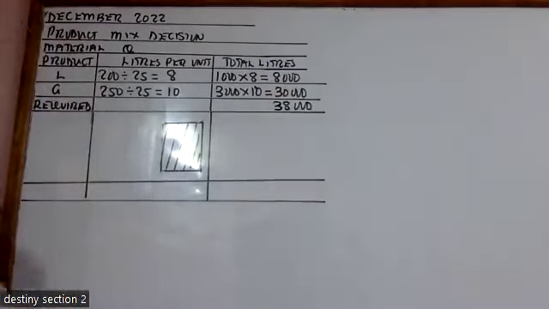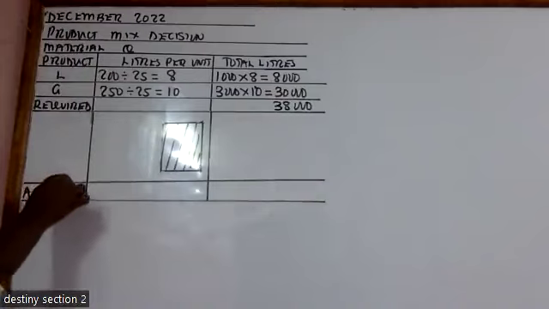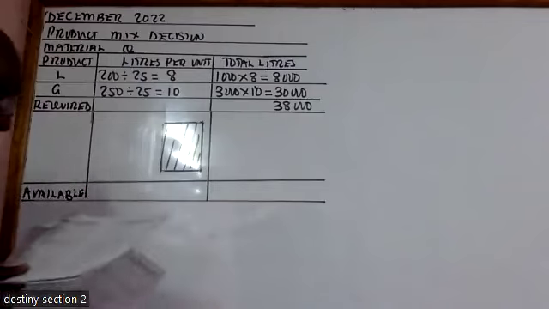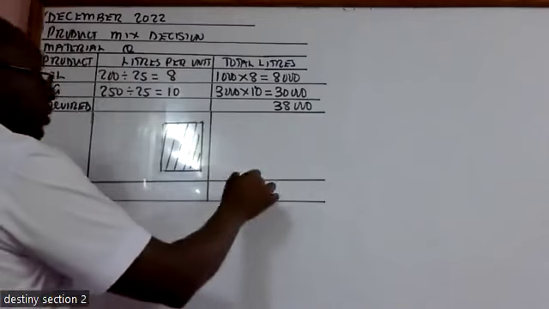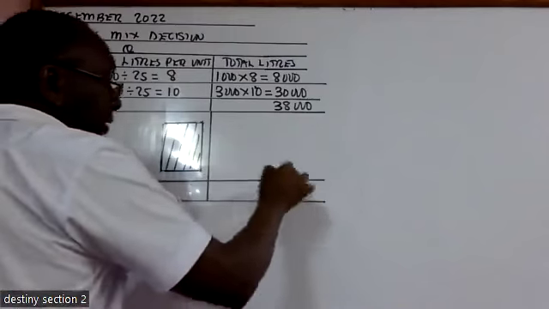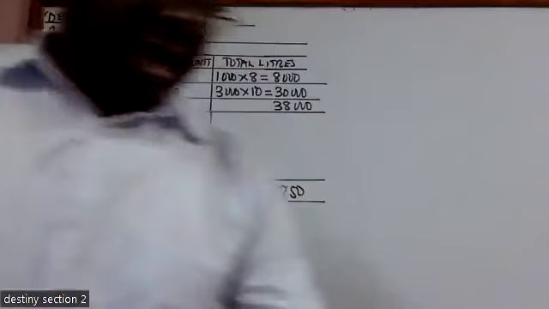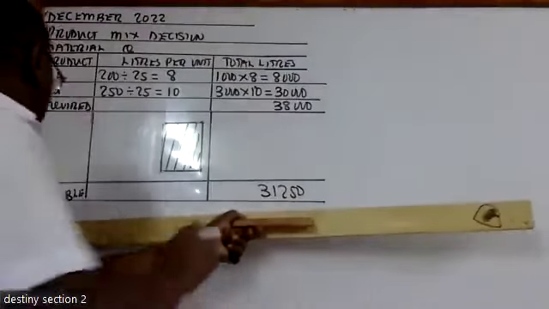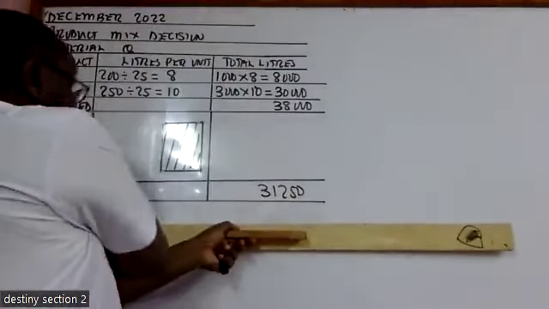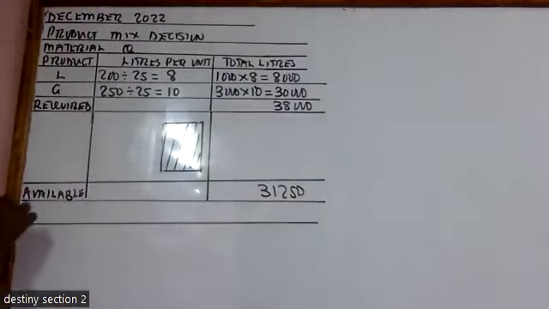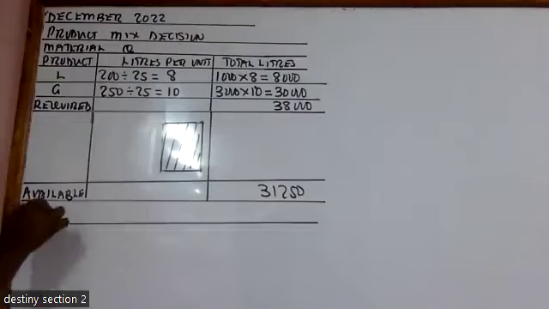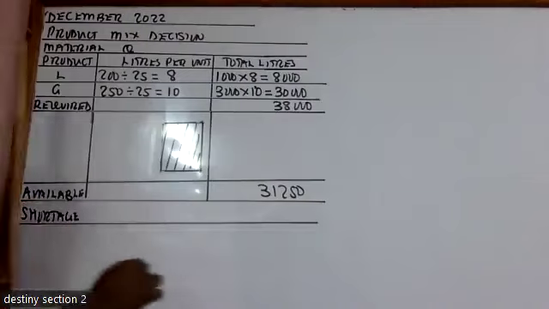The next line, you bring the available. The available, according to information 3, it is 1,250. So I need another line where I will say the shortage, or the shortfall.